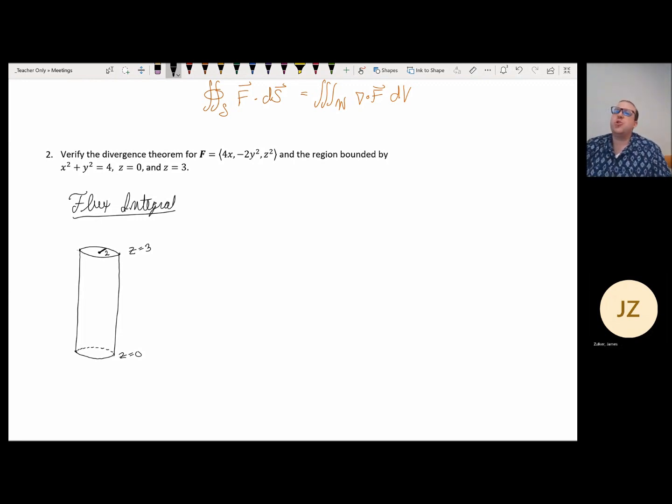Since we're dealing with a closed surface, don't we have 3 surfaces that we have to consider? We have the top, we have the bottom, and then we have the side, the actual cylindrical part itself.